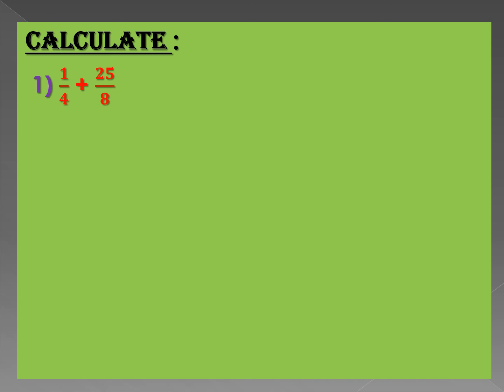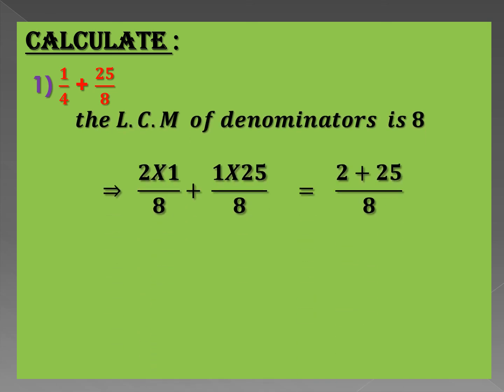We have different denominators, but the LCM of 4 and 8 is 8. By the same way we solved before, it will be 2 times 1 over 8 plus 1 times 25 over 8. It will be 2 plus 25 over 8. In the simplest form, it will be 27 over 8.